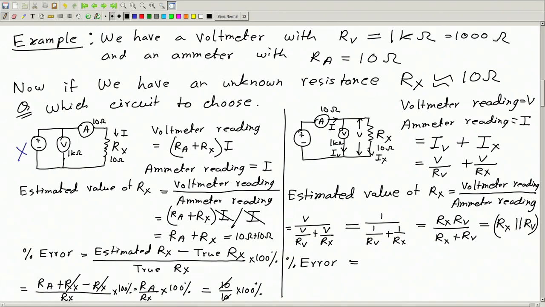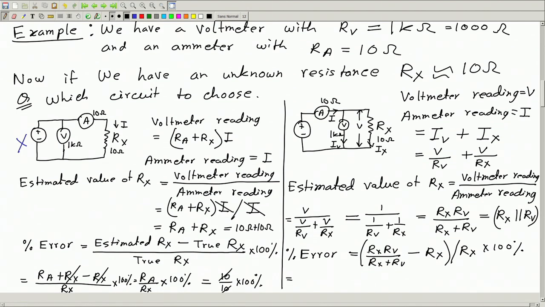So estimated value we can write like this, Rx RV by Rx plus RV, minus the true value Rx, then whole divided by Rx into 100%.